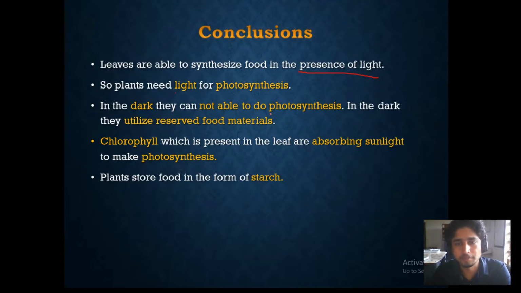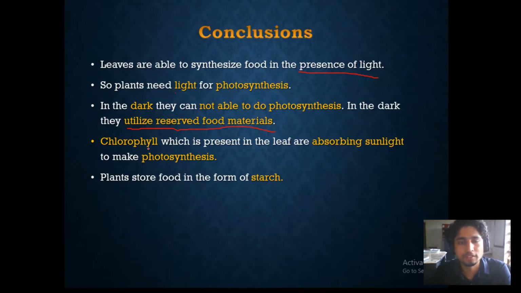In the dark, they just utilize the reserved food material. In the first picture, part 2, when we kept it in the dark, whatever starch was already present inside the leaf was utilized. So they cannot undergo any more photosynthesis; they only utilize the same reserved food material.